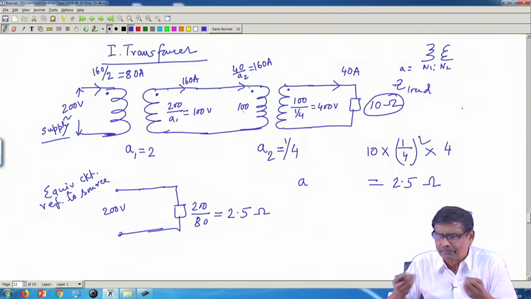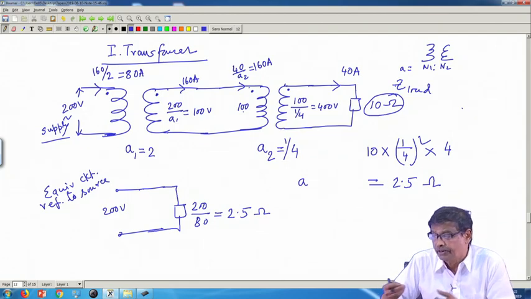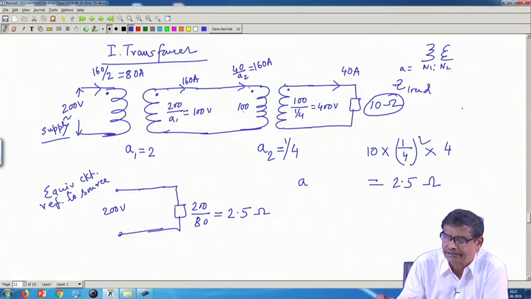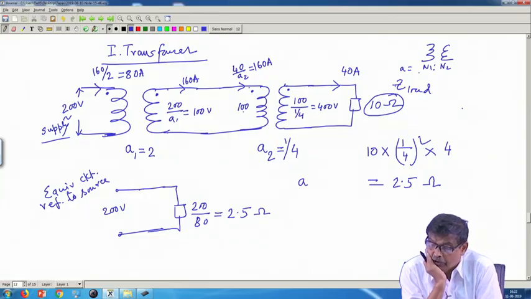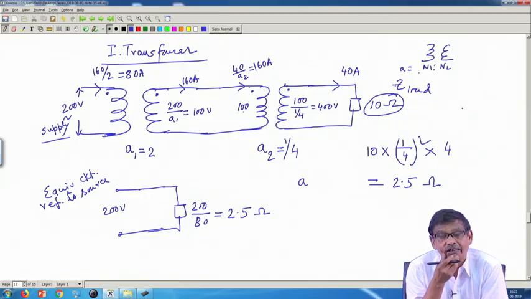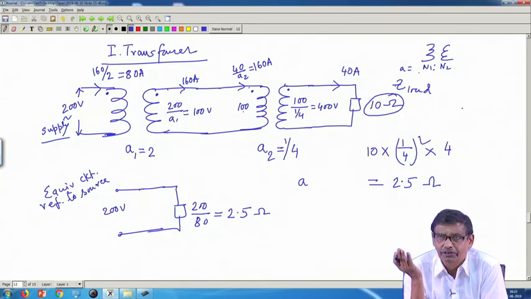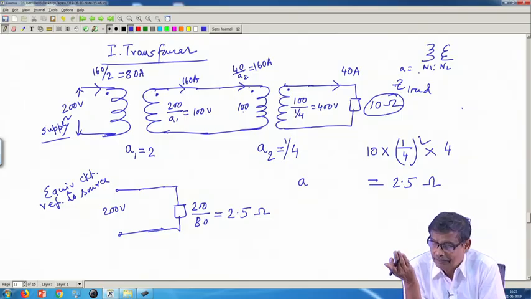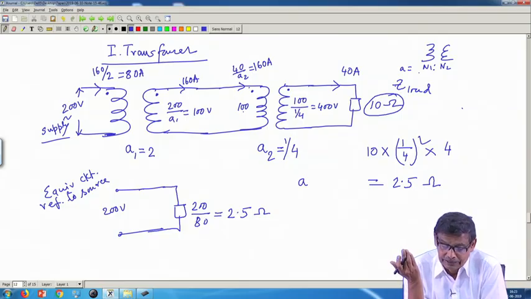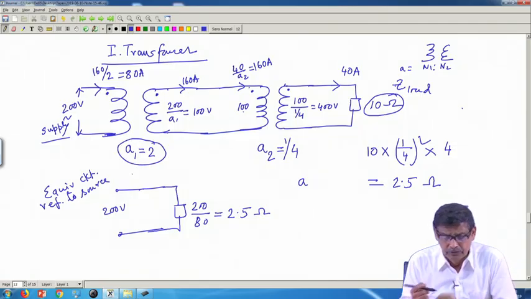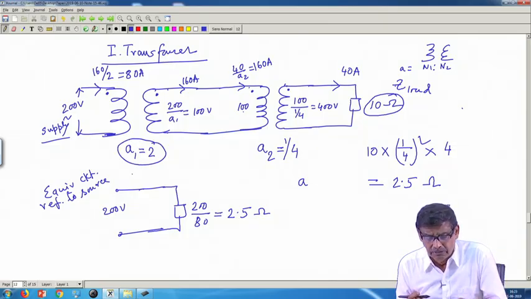Students get sometimes confused while solving numerical problems. But what I am telling you, calculate this A turns ratio. You should always remember current on the LV side will be higher, and voltage on the LV side will be lower. For example, take this transformer, turns ratio is 2, 200 volt, LV side voltage will be lower and A is greater than 1.